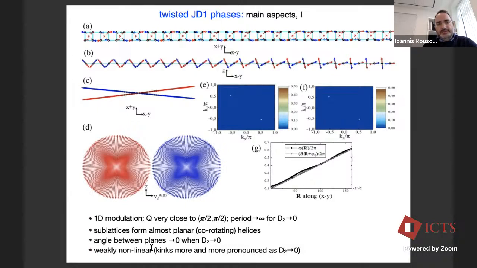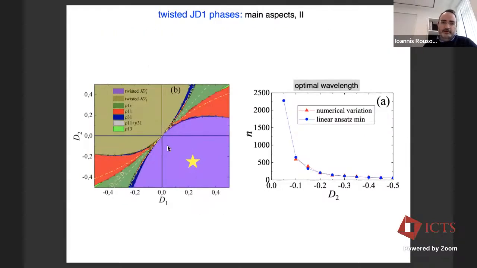The kinks become more and more pronounced as we go to the parent phase. But as it turns out, you have to go to very, very tiny numbers to see serious kinks. So I should say this phase is very well approximated with a linear or perfect helix configuration, almost in the entire stability region of that phase in the phase diagram.